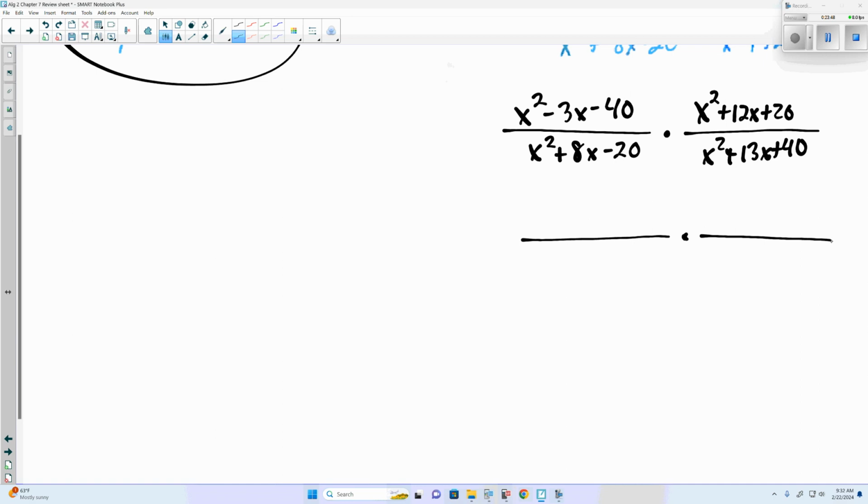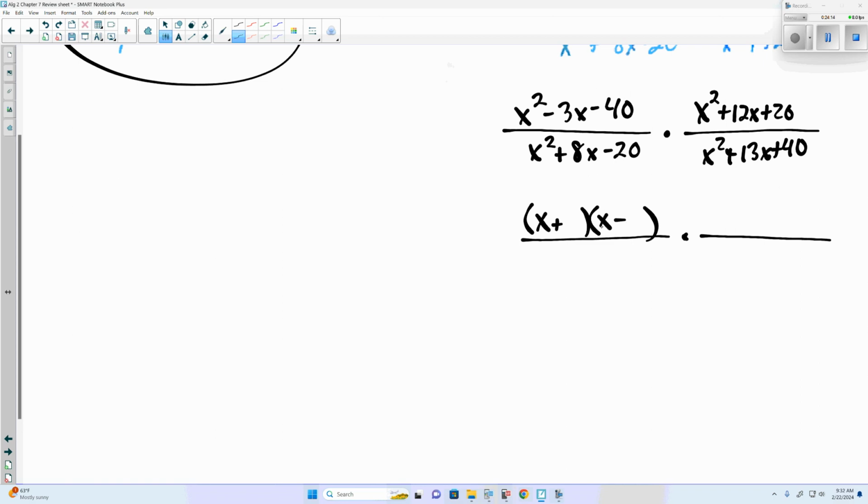Now we just need to factor. Where do we want to start? Let's just start at the first numerator. Now, none of the 4 expressions, top and bottom, have a greatest common factor. Since the third term is negative, our signs are opposite.